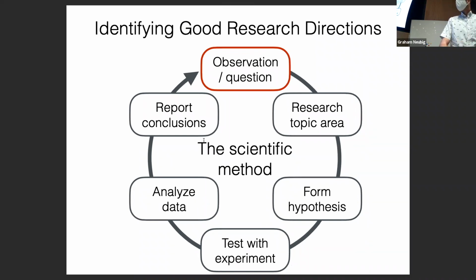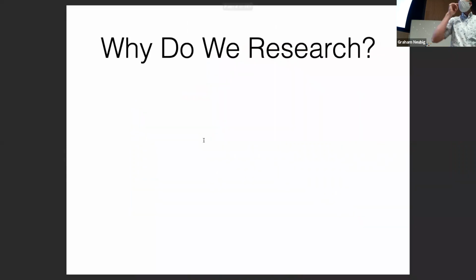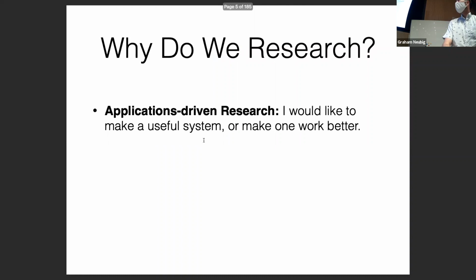So the first thing I'm going to talk about is identifying good research directions, which is kind of on the top. And this starts with observation and questioning. And if we think about why we want to research, I kind of alluded to this before, but we can have applications-driven research where you do research because you'd like to make a useful system or make an already useful system work even better.